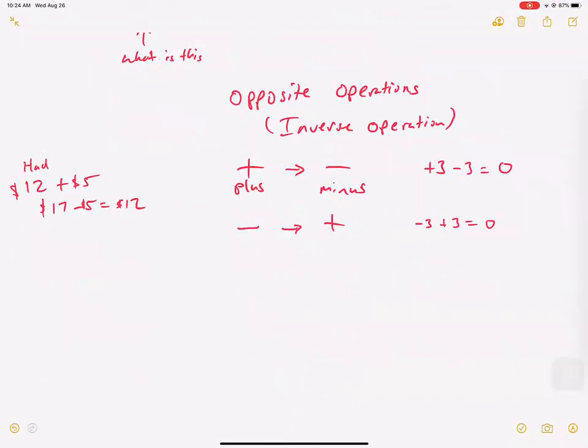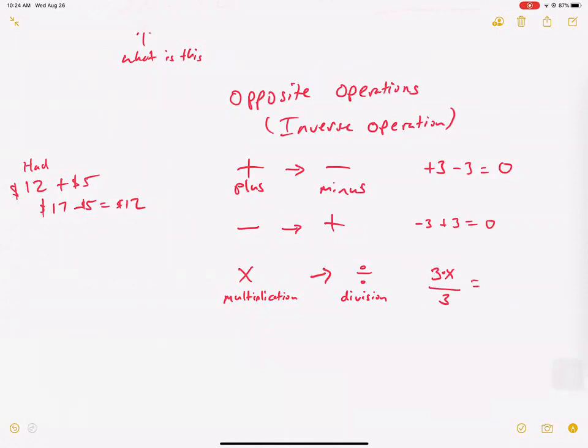Our next fancy one is multiplication. Our opposite operation of multiplication is division. We can see this, not getting to 0, but if I look at 3x, if I'm multiplying by 3, we undo it by dividing by 3.